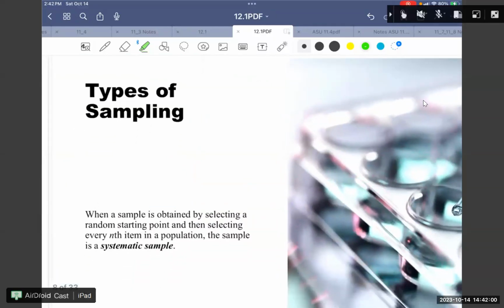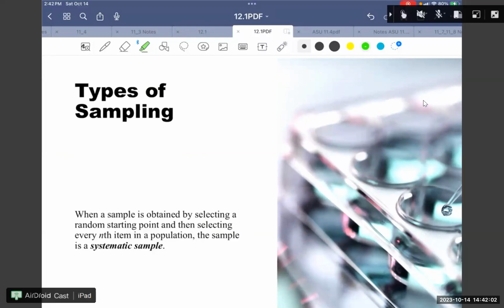Next, systematic sampling: the sample is obtained by selecting a random starting point and then selecting every nth item in the population to form the systematic sample.